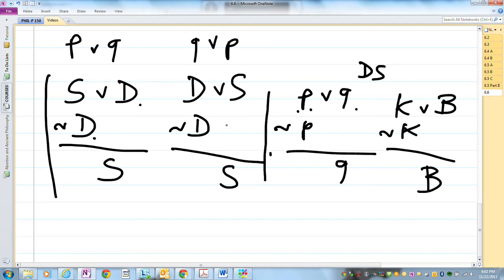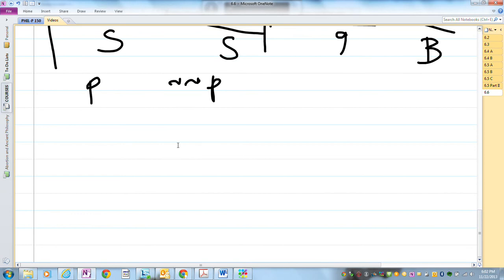Okay, the other permissible rewriting, at least in that section of our book, is double negation. So any formula that has the form P can be rewritten as not not P. If you stick two negations in front of a formula, you're saying the same thing, only in a more roundabout way.